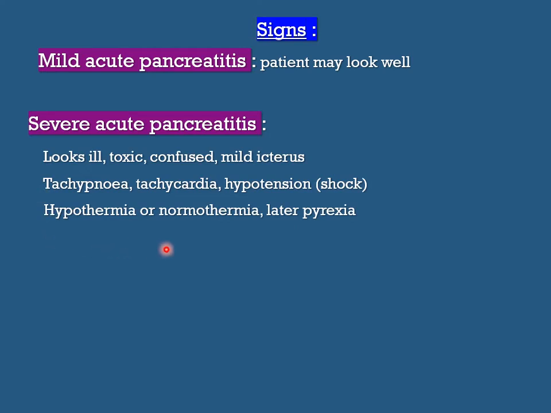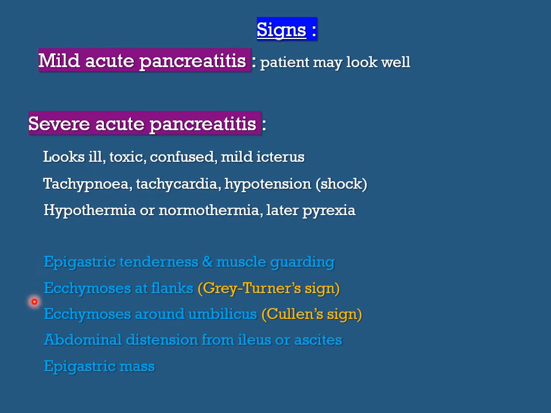There's epigastric tenderness and muscle guarding in the epigastric region. You may have ecchymosis at the flanks, known as Grey Turner sign, and ecchymosis around the umbilicus, known as Cullen sign. Often there is abdominal distension from ileus or ascites. In some cases, you may feel an epigastric mass, due to massive necrosis or the formation of a pseudocyst.